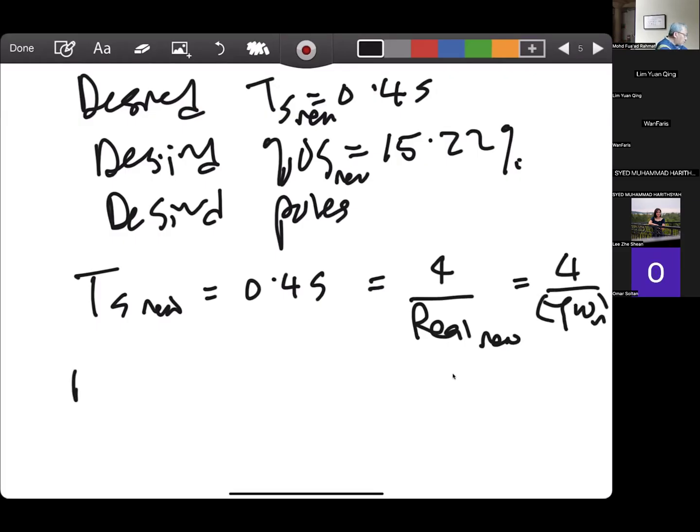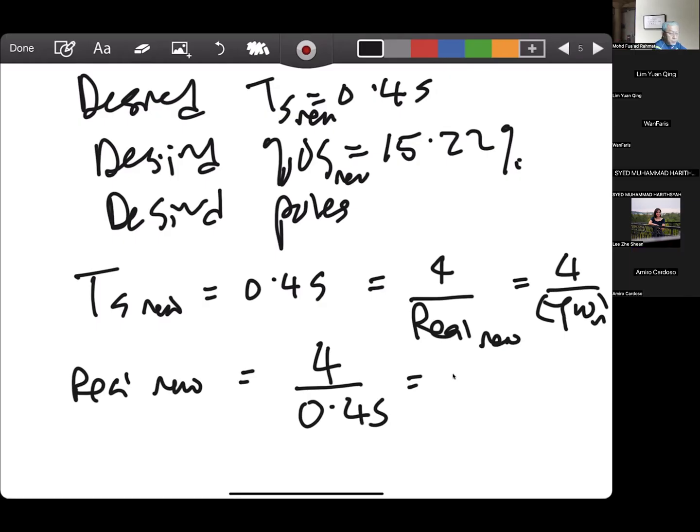So the real new is 4 divided by 0.4 second. How much? 4 divided by 0.4 second, 10. Right, so this one is the real new.